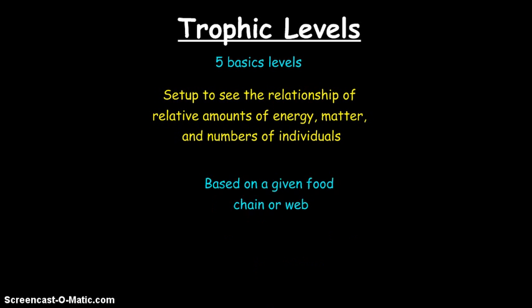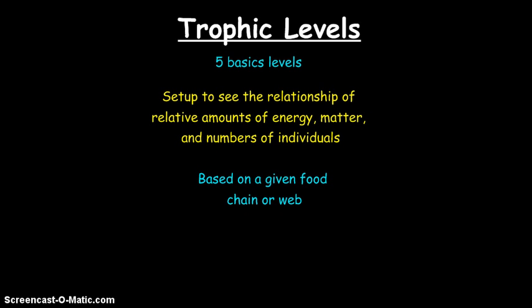And remember, I did say that this is based on any given food web or food chain. So we will apply trophic levels purposely to one given example. Keep in mind that we're not generalizing this. It's based on one given food chain or a given food web.